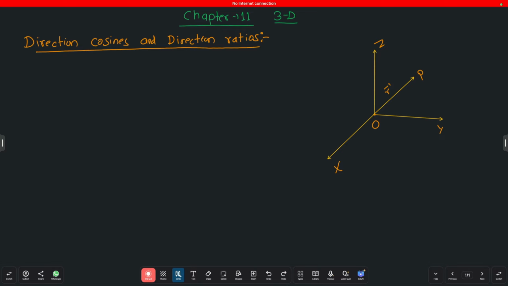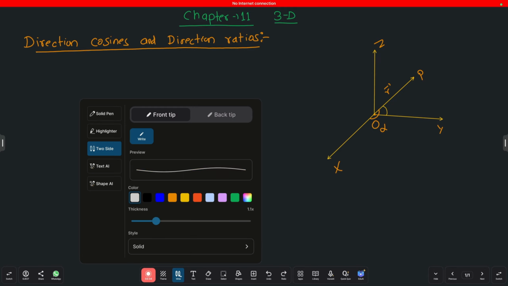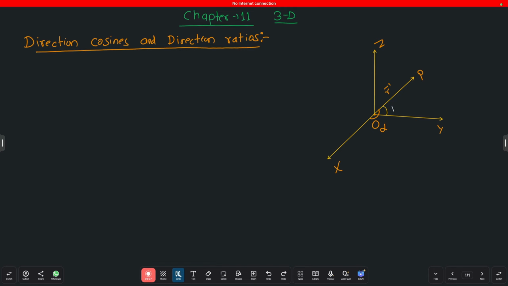Now, if this R vector makes alpha angle with the x-axis, beta angle with the y-axis, and gamma angle with the z-axis, then the cosines of alpha, beta, gamma will be called direction cosines. And what are alpha, beta, gamma? These angles are called direction angles.